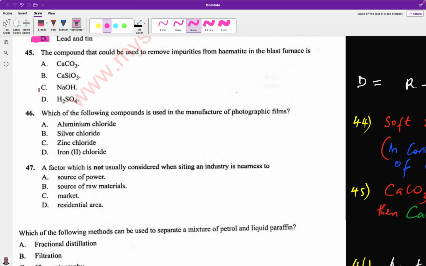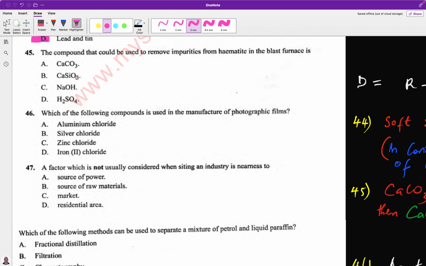To remove the silicon dioxide, we need a certain substance, which is calcium oxide. The calcium oxide will react with the silicon dioxide to form the silicate, and the silicate is calcium SiO3.